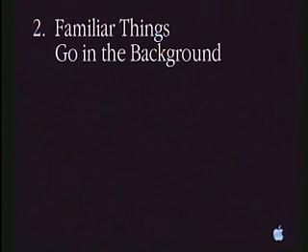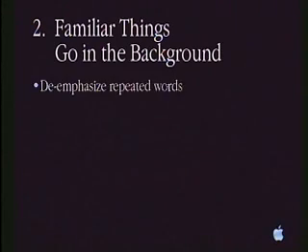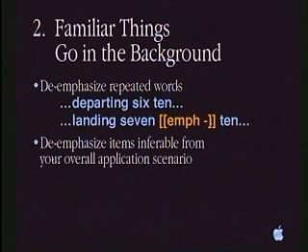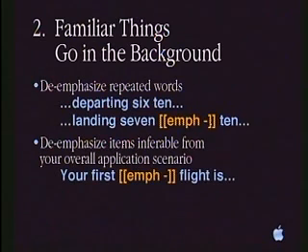Second principle is to let familiar things go into the background by de-emphasizing repeated words. For instance, if the minutes are identical, you should de-emphasize the second instance. Also, de-emphasize items inferable from the overall application scenario. You know that you're booking a flight, so you don't have to emphasize this word.